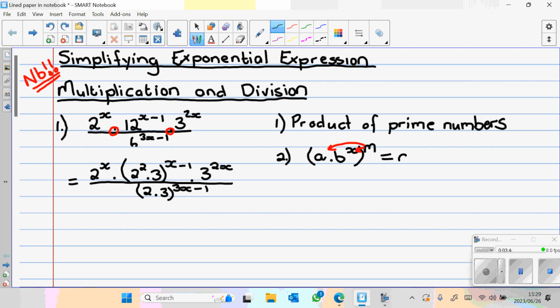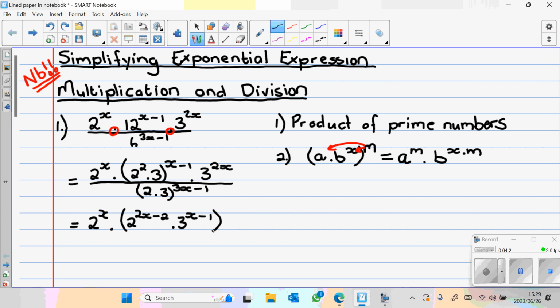So that means it is a to the power of m times b to the power of x times n. So if I do that, I get 2 to the power of x times 2 to the power 2x minus 2 and 3 to the power of x minus 1. The whole of the exponent on the outside goes to both of them on the inside.